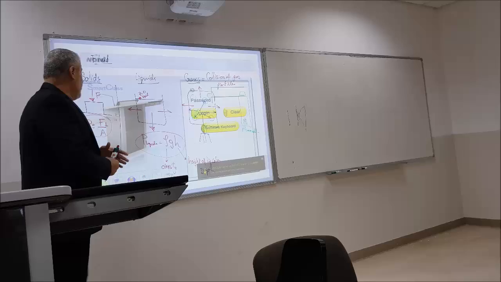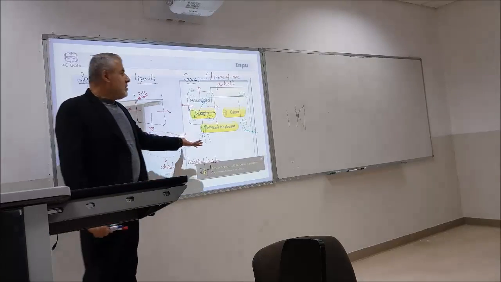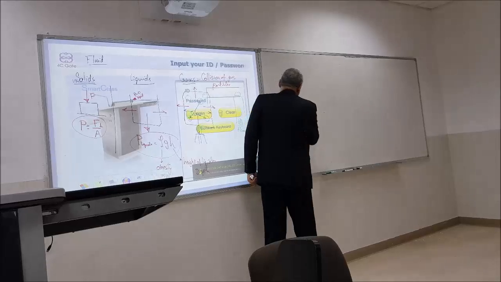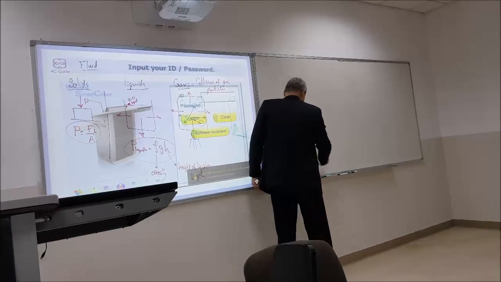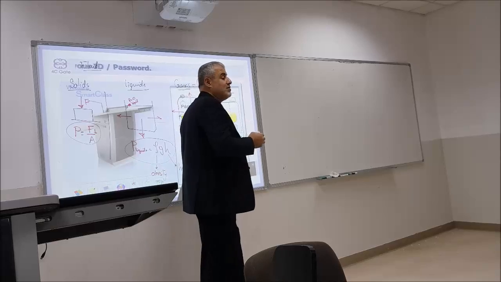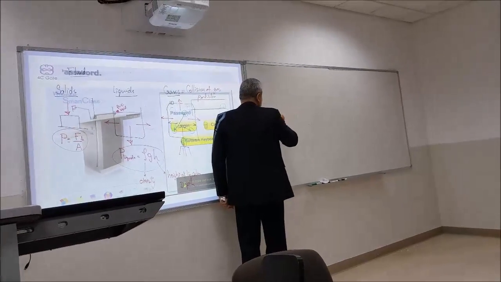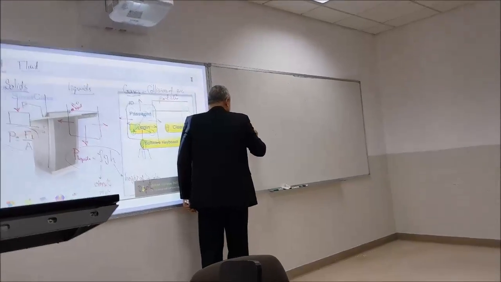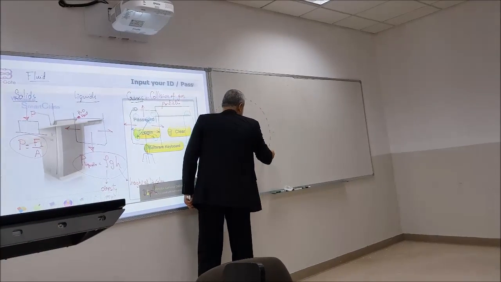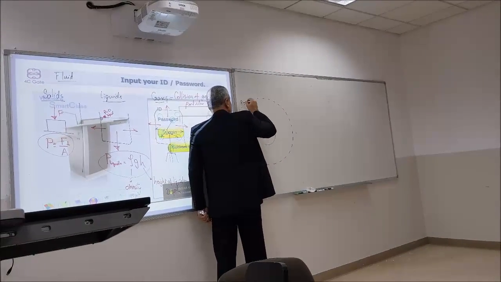Right. So these are the three states of matter we talk about. Let's talk a little bit about gas particles. When we talk about gases, we are concerned with atmospheric pressure. This is the Earth, and surrounding the Earth is what we call the atmosphere.